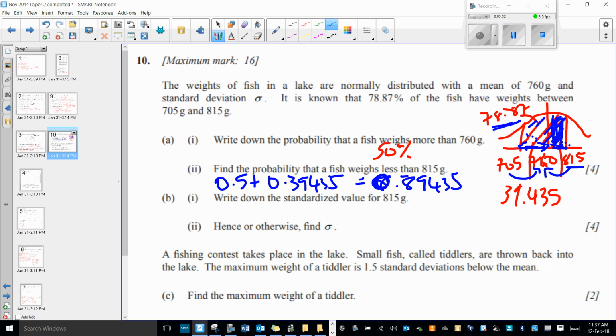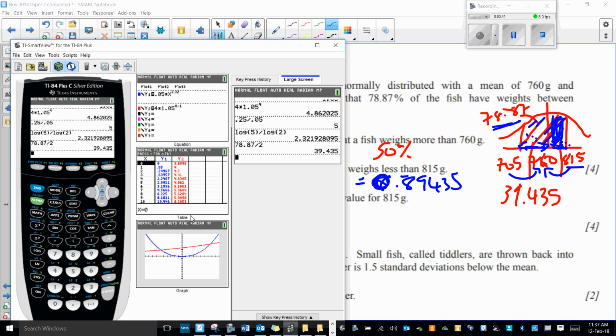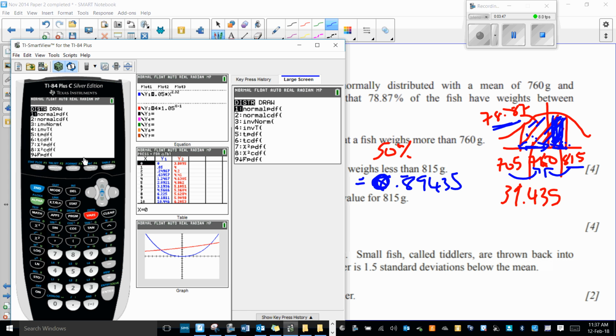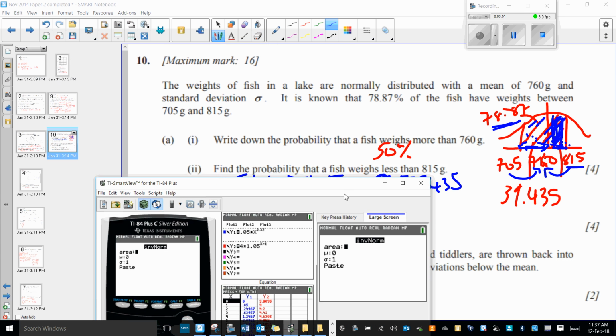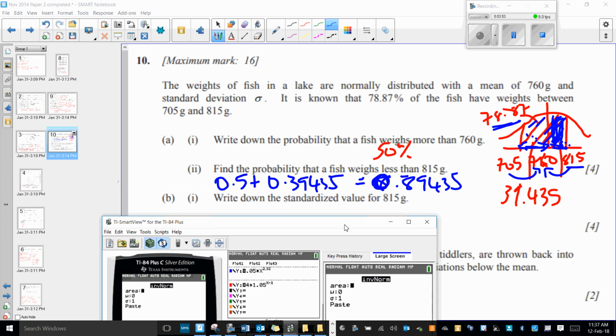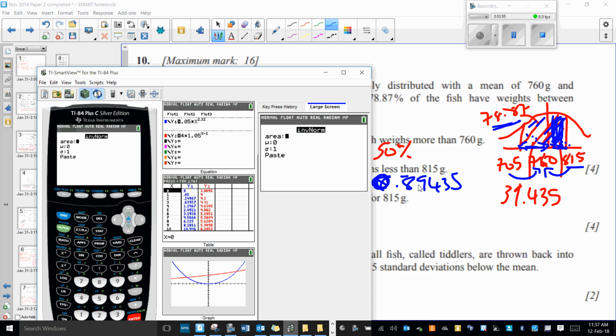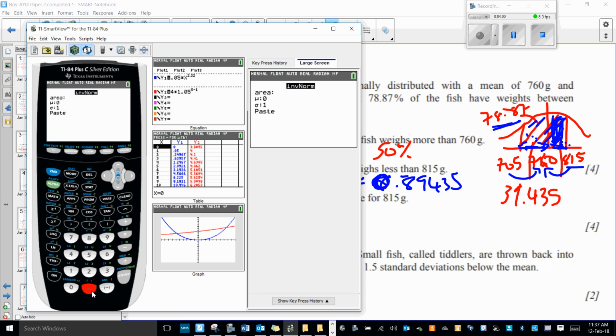Write down the standardized value for 815. Okay, so that means they want to know the z-score. So remember, we would use our distribution, and we'd use inverse normal. Now, we know that the probability for this is 0.89435, so we type in there 0.89435.